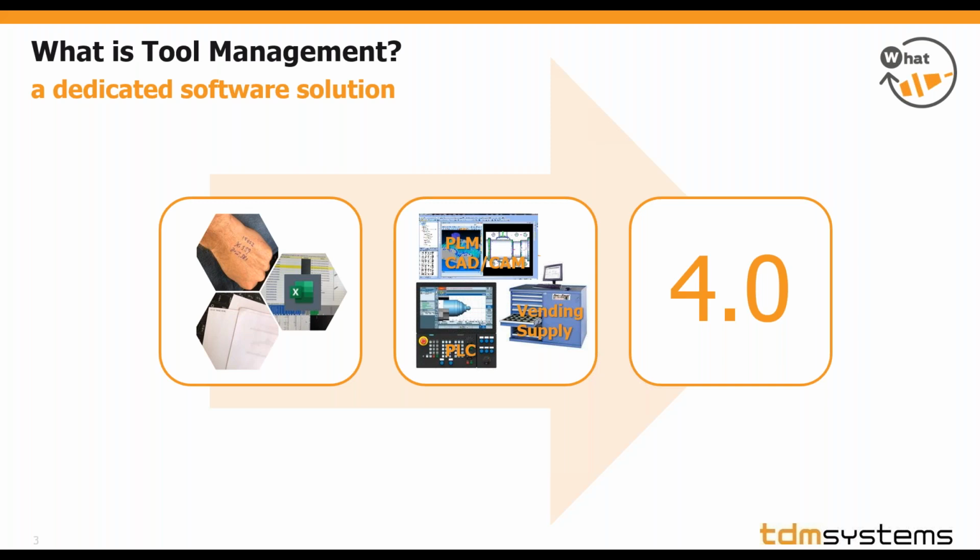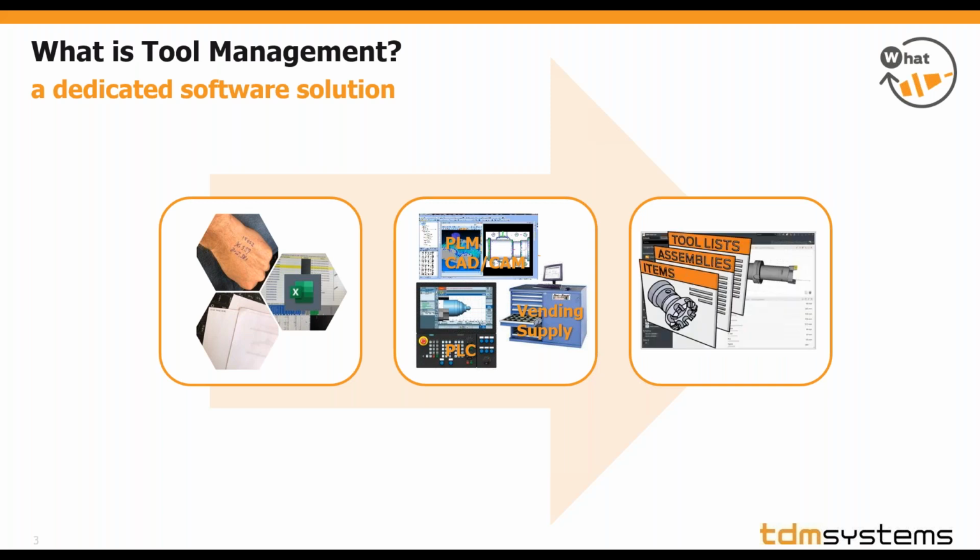They also have a teeny tiny bit of tool management. This is not what we were talking about. We were talking about a full-blown dedicated tool management system in which you manage components, tool assemblies, and jobs. Basically a system which supports not the traditional static manufacturing process, but a really dynamic manufacturing operation.